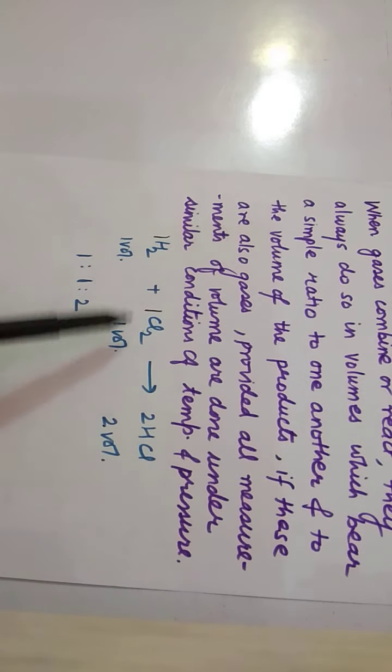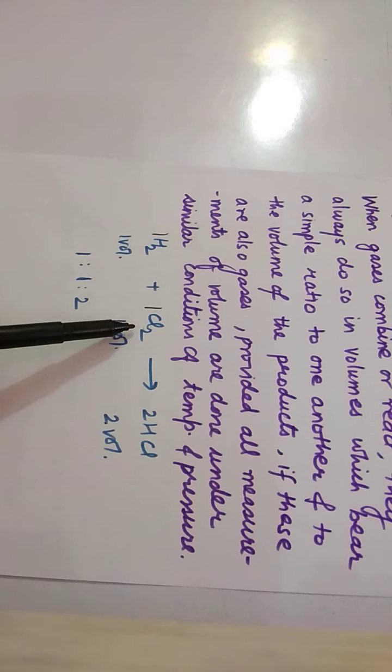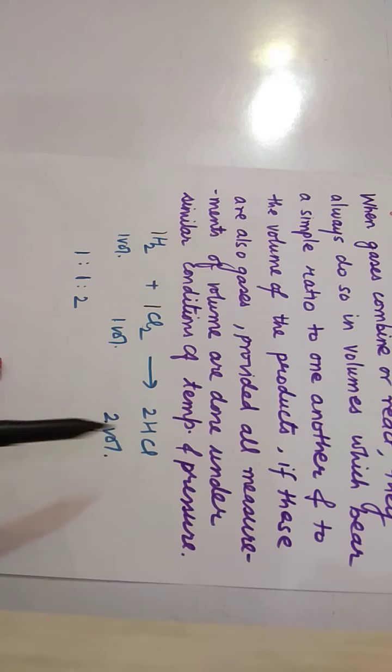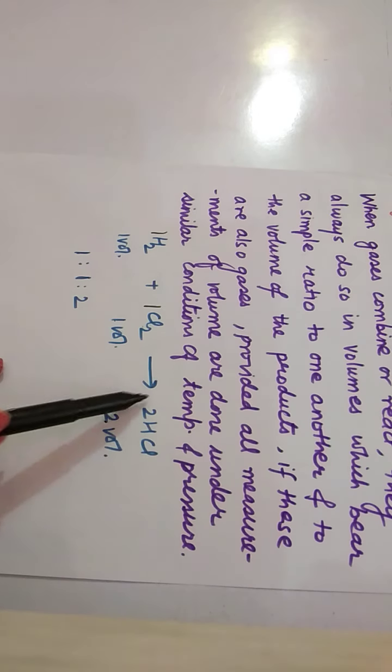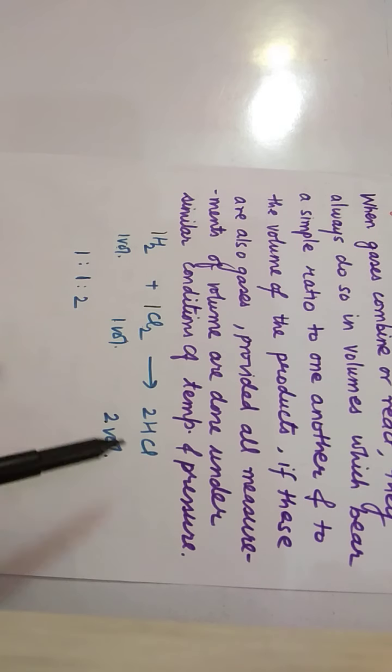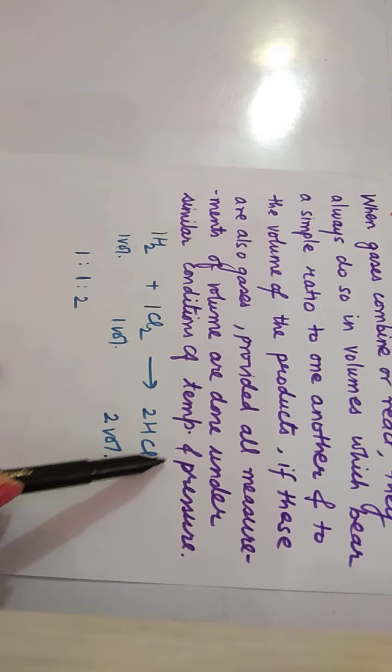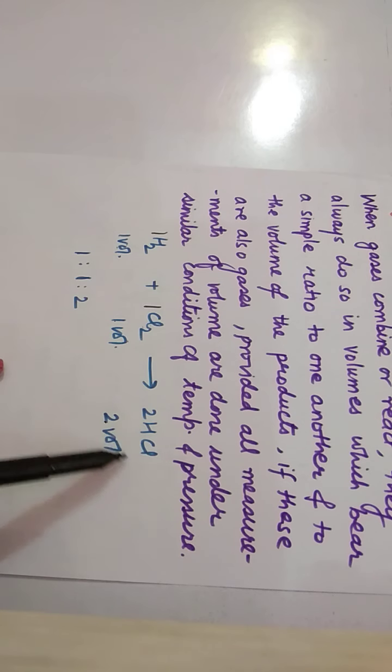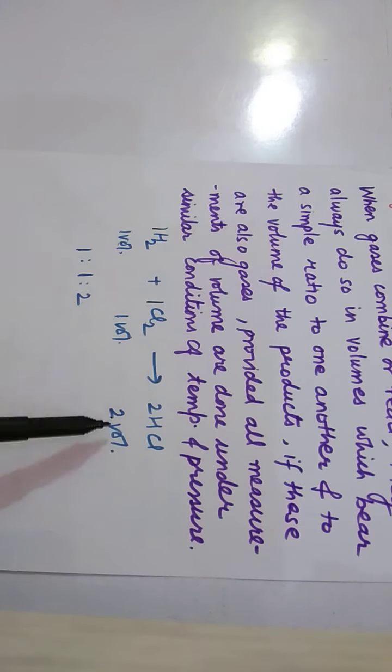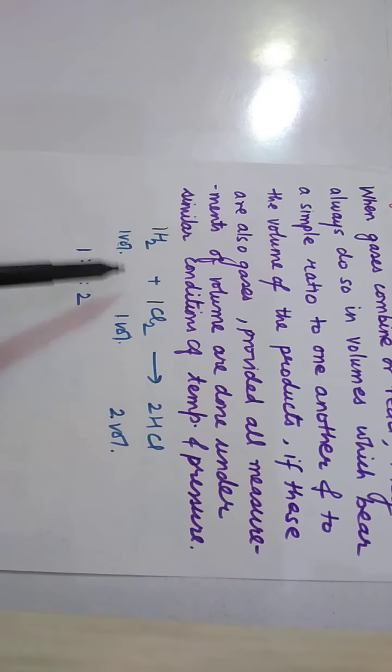And these two gases which combine to form the third gas will also bear a simple ratio to the volume of the gas formed. So one volume, one volume, two volumes. These three will bear a simple ratio to each other.